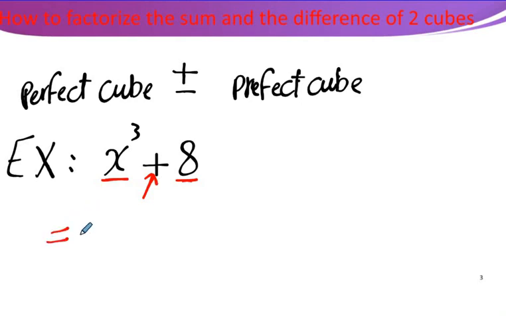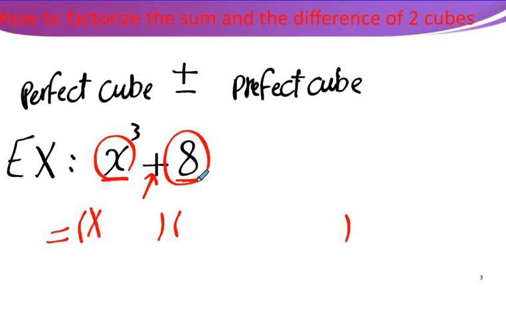Open two brackets like this, one small and one big. The cubic root of the first term is what? It is x, right? And the cubic root of the second term is what? It is 2, right? And the sign between them will be like the sign here. So it's positive.